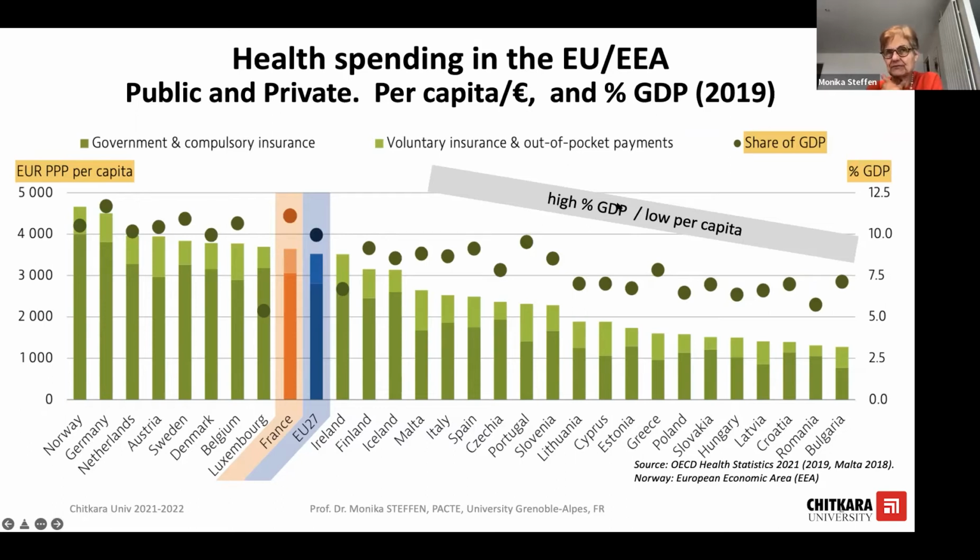It means that you have a minimum of health expenditure, which you can probably not lower much, otherwise you have bad care. But as your economy is not very rich and not very productive, this little per capita money takes a lot of your GDP. And this is what you see here. From here onwards, the distance gets really very big.